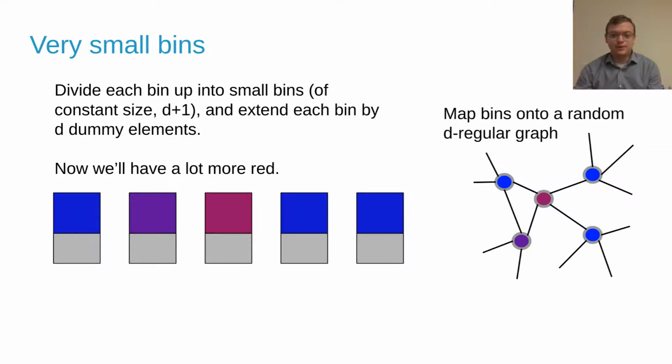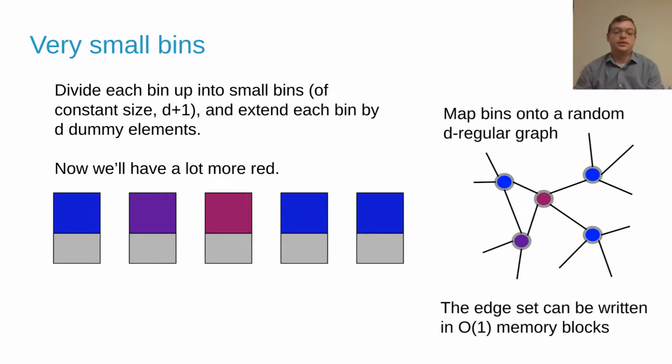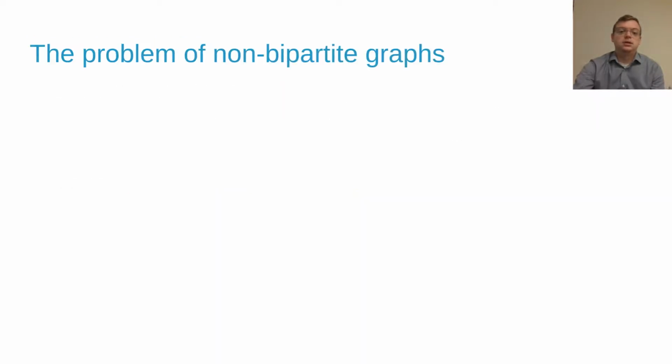Now, what we're using this random graph for, we'll get to in a second, but we'll note for now that the edge set of this graph we can pack into a single memory word. And in addition, we can have a single memory word that holds some information about what to do with that random regular graph. We can attach a direction to each edge and store it in a single memory word.